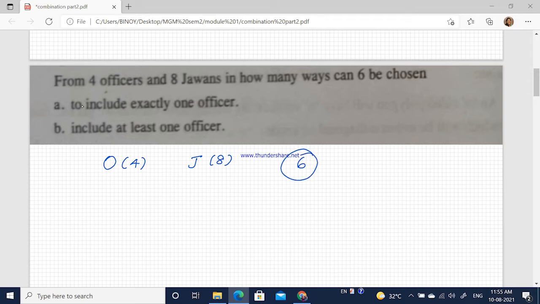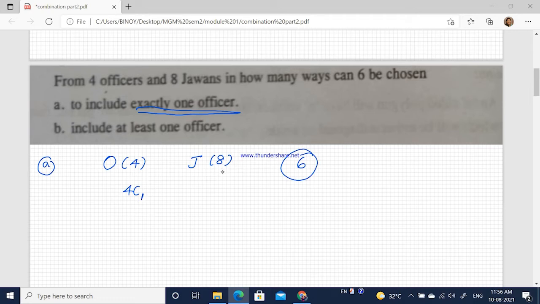In the first part of the question, you have to include exactly one officer. That means you should take one officer. So you have got 4 officers and 8 Jawan. If I am taking one officer, that means 4C1. If I am taking one officer, how many Jawans should I have?